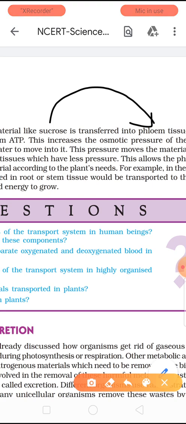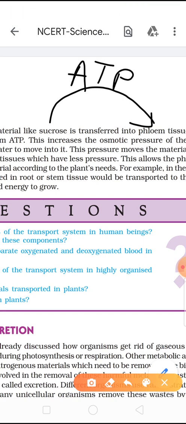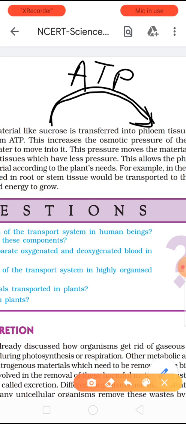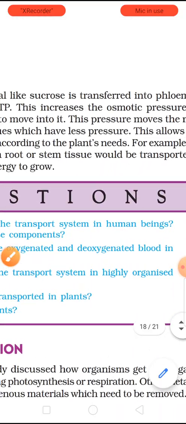When we are transferring it, energy will be required. So energy will be spent when sucrose is transferred into phloem, and this phloem will move and store that sucrose wherever it is needed. Okay, now let's move further.